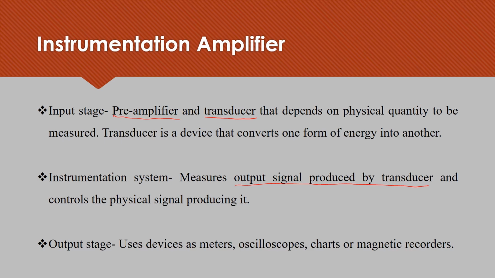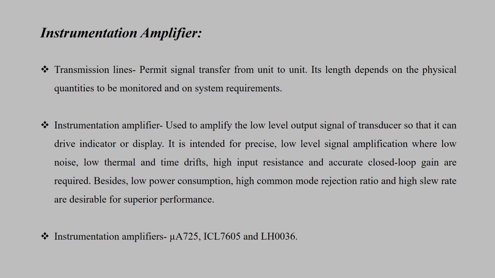The output stage is some meter, oscilloscope, chart or magnetic recorder. Transmission lines permit the signal transfer from unit to unit. Its length depends upon the physical quantity to be monitored or on system requirements.